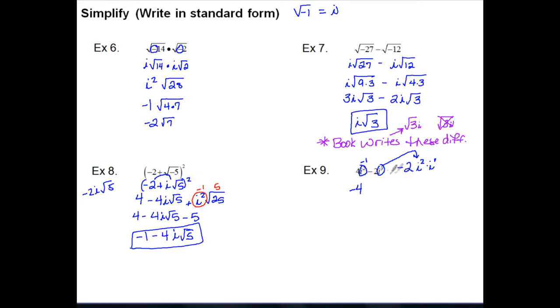So hidden in this i cubed, I do have an i squared. And i squared is negative 1. So that's negative 2 times my negative 1 from my i squared times my extra leftover i. So if you multiply that together, negative 2 times negative 1 is positive 2 times i is positive 2i. And that's how that one works out.